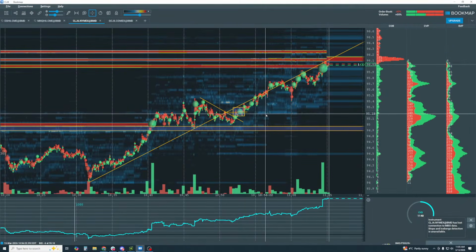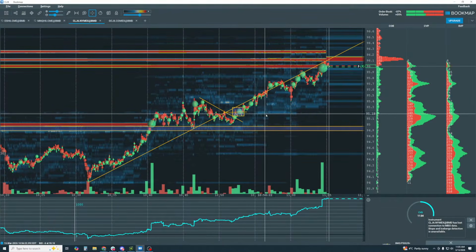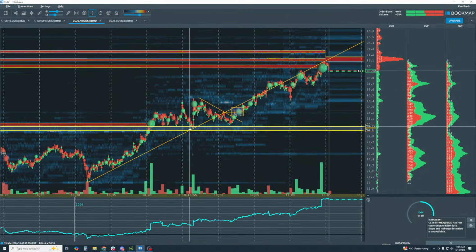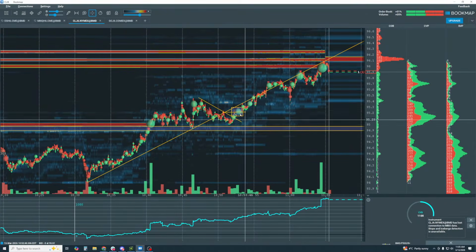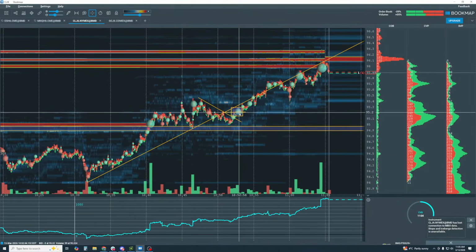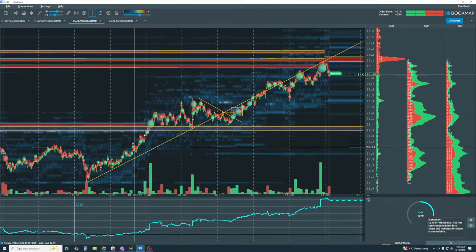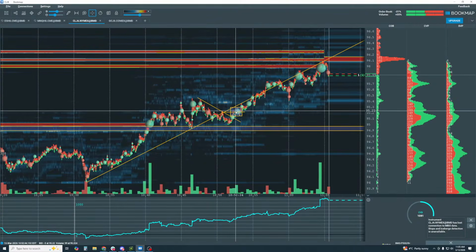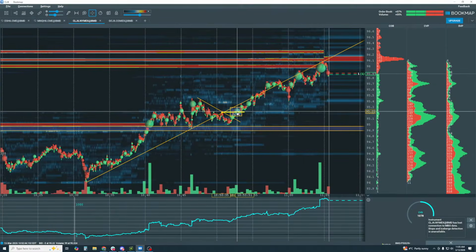So let's go through the mechanics in here, or some of the things to consider on the pullback. First off, we talked about this being strong. It's accepting above 95, and then we're looking for buyers to come back in. So impulse move, taking a break, pullback, impulse move.